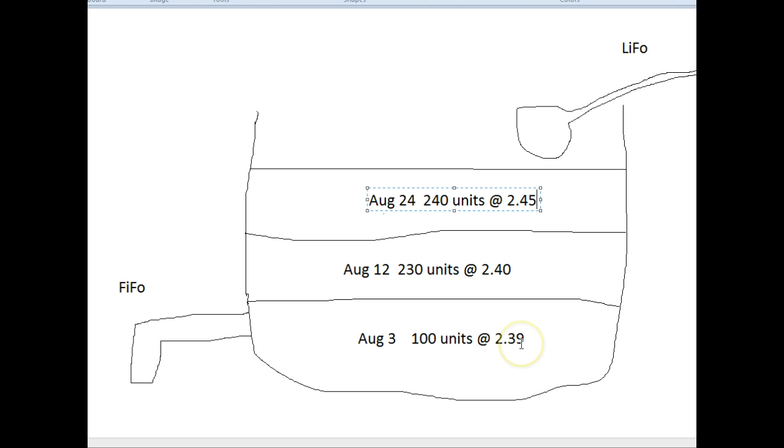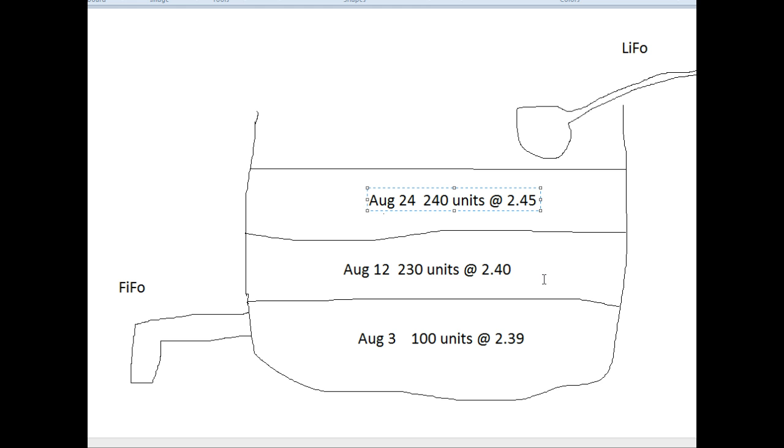And so you could calculate it, and your ending inventory is what is left. So you had altogether 570 units, you sold 300, that means you have 270 units left. Well, if it's remaining from the top, 240 of those units were at 2.45, and the remaining 30 units were at 2.40.